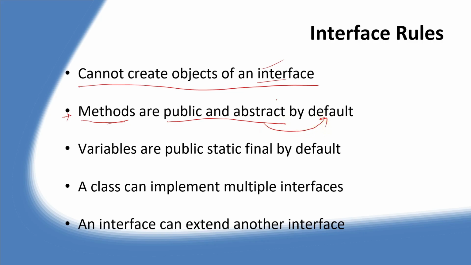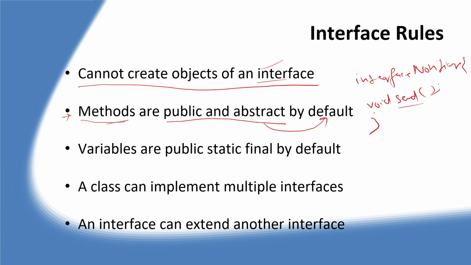Let's say I have defined an interface Notification, and inside this I am providing the method void send. I have declared this method. What it is saying is that methods are by default public and abstract.